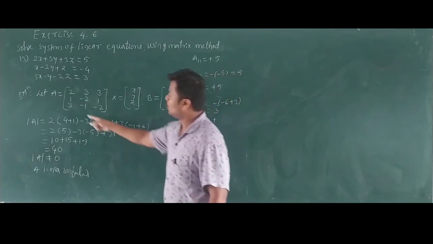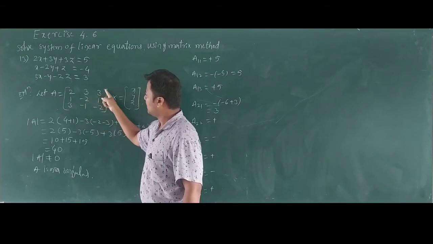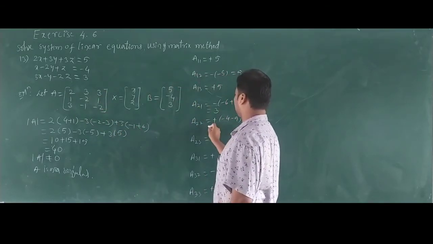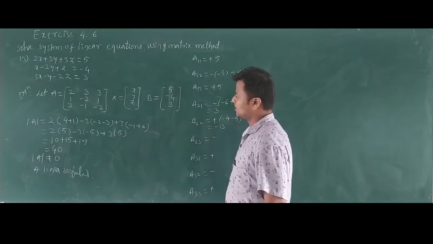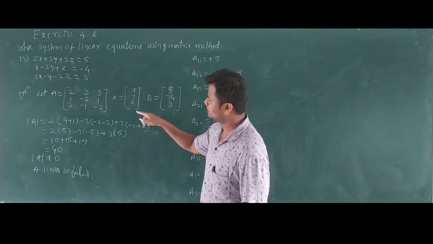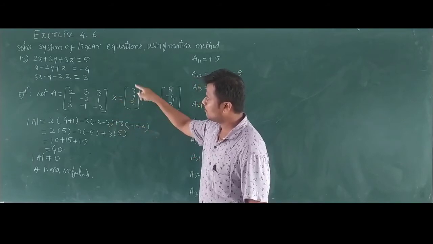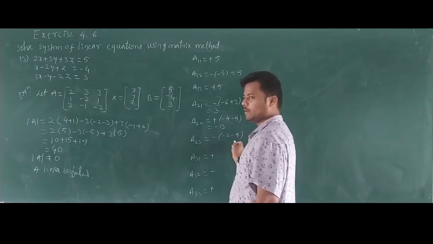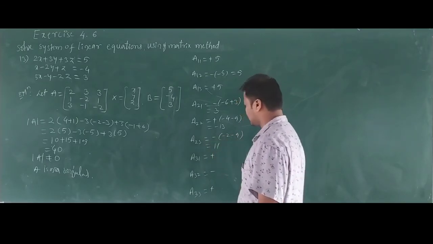A22: minus 4 minus 9, minus 13. A23: minus 2 minus 9, minus 11, minus minus plus, so plus 11.